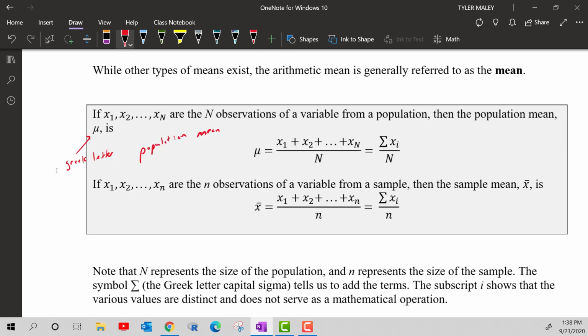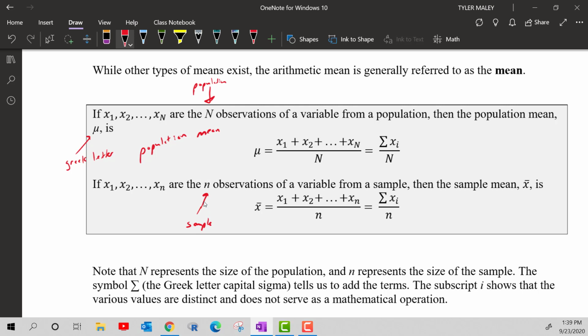Right, so you're taking the mean of a population. And remember, when we use capital N, that tells us the number of observations that are in the population, where if you use a lowercase n, that's for a sample. So capital N is for a population, and little n is from a sample.